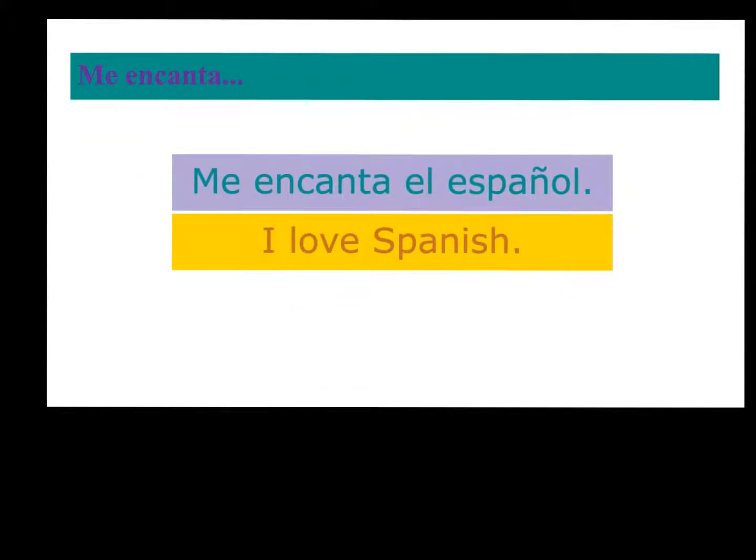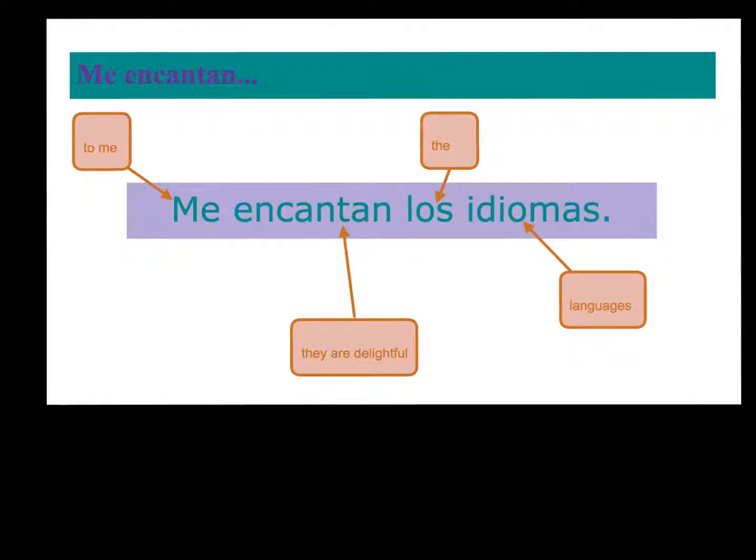Again, I keep stressing, although this sounds very strange to us, it's the natural way of saying in Spanish that you love something. Me encanta el español. I love Spanish. Just as when we wanted to say we liked something that was plural, we moved from me gusta el español to me gustan los idiomas, we do the same thing with the verb encanta.